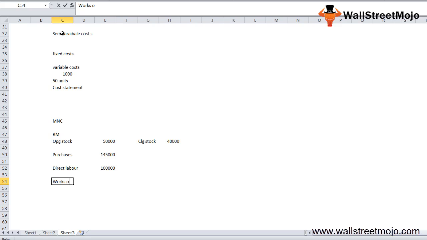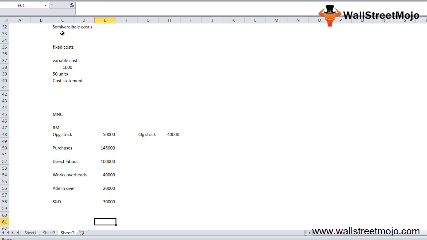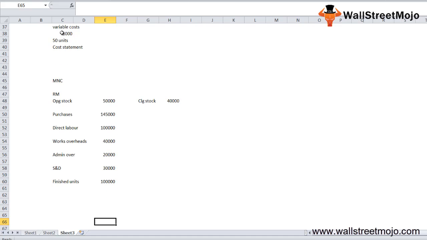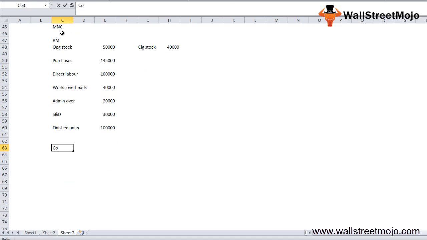There is works overhead, standing at 40,000, and there is admin overhead, that is 20,000. Then there is S&D, that is 30,000, and finally the finished units, standing at 1 lakh units. So we have to find out the cost of sales per unit.